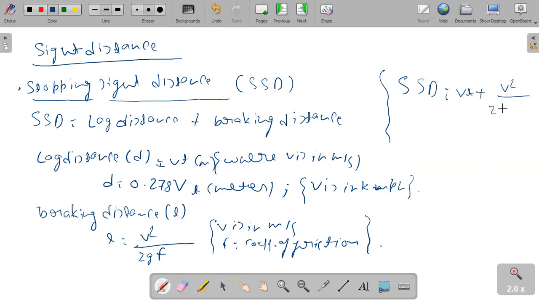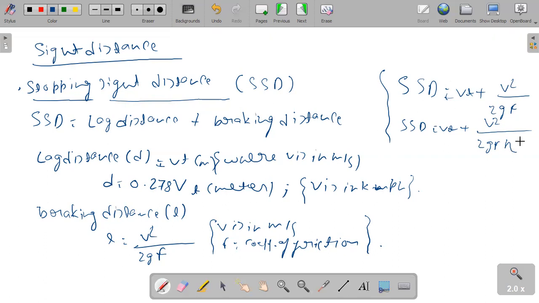If there is an efficiency given in the question, then this formula is modified something like this: SSD is equal to vt plus v square upon 2gf, with the efficiency sign.